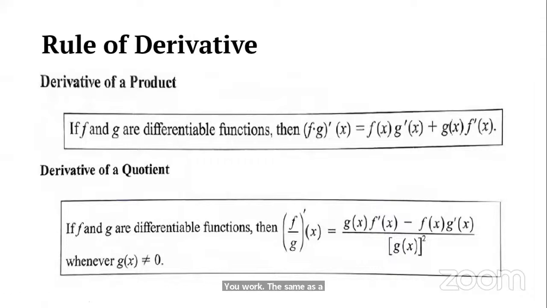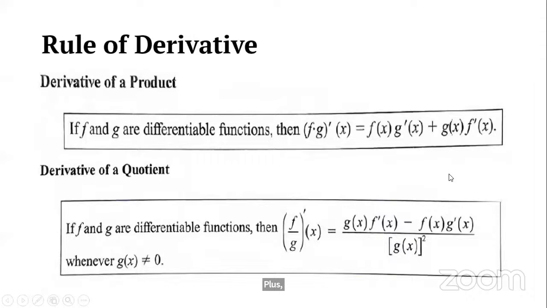Multiplication is commutative. So you have f of s g prime of s plus g of s f prime of s.